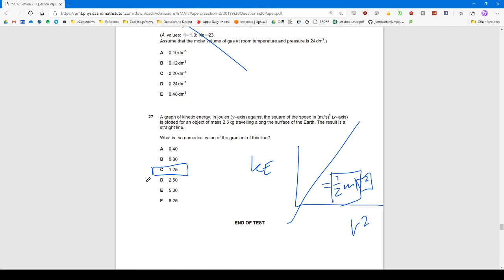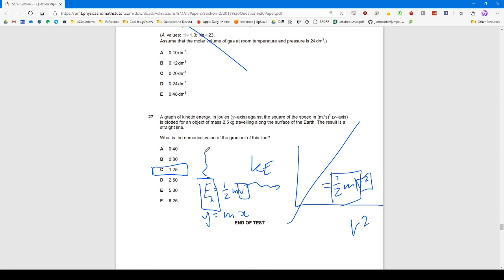And what you want to do here is realize that because you have this KE is half m v squared, just think of it like y is equal to mx. In your mind, you should visualize KE coming off as y, v squared coming off as x, and they just float away from the equation.